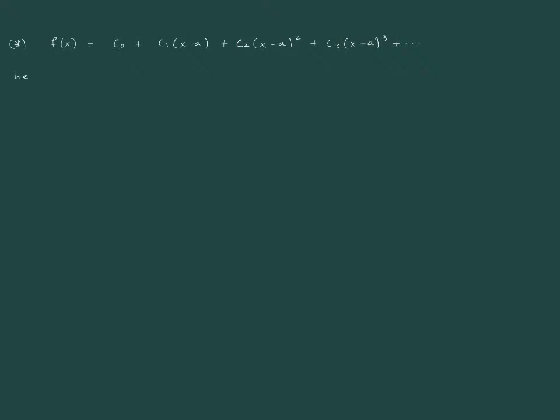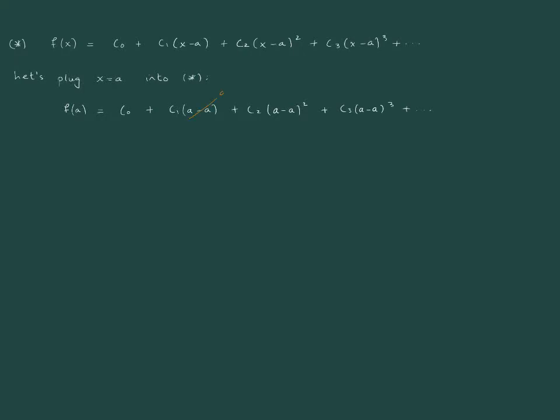Okay, and let's plug x equals a into star. And what do we get? On the left hand side we get f of a is equal to c0 plus c1 (a minus a) plus c2 (a minus a) squared plus c3 (a minus a) cubed plus dot dot dot.